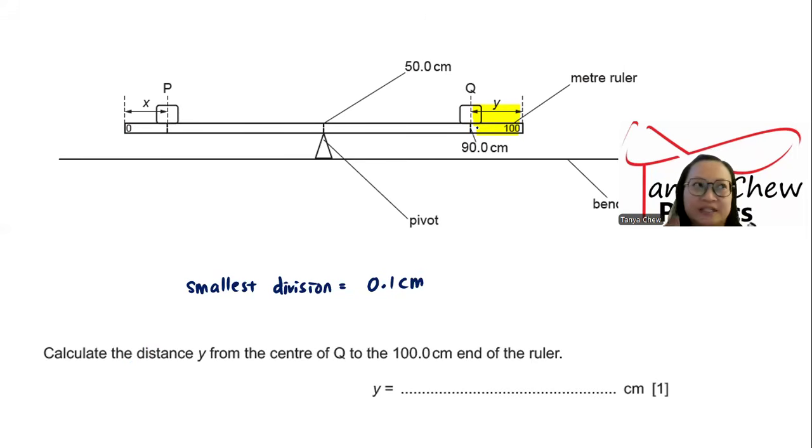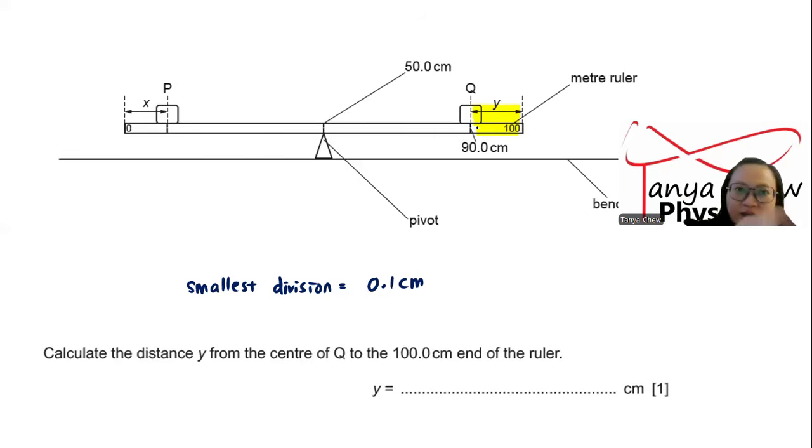Raw data is the data or the readings or the measurements which are taken from the apparatus. That is why it is very, very important for you to write down the smallest division or the sensitivity of the apparatus. So the sensitivity of the meter rule is 0.1 cm. Therefore, I have to record my y value to 1 decimal place. All the raw data must follow the decimal places of the sensitivity or the smallest division of that apparatus.